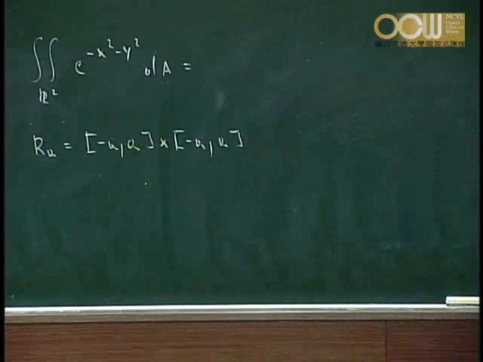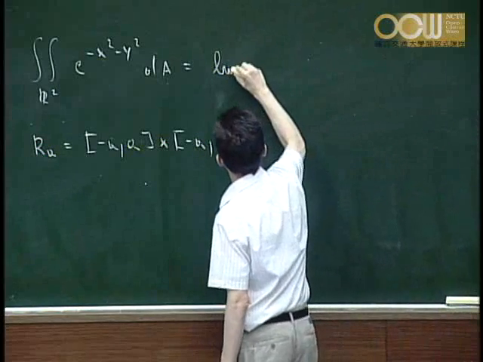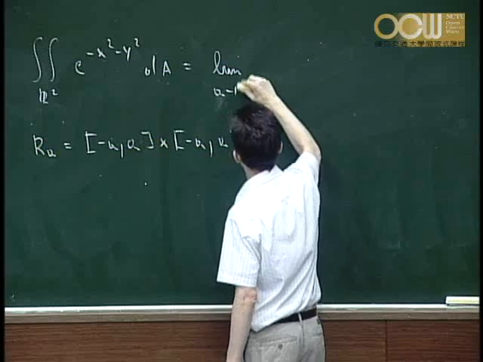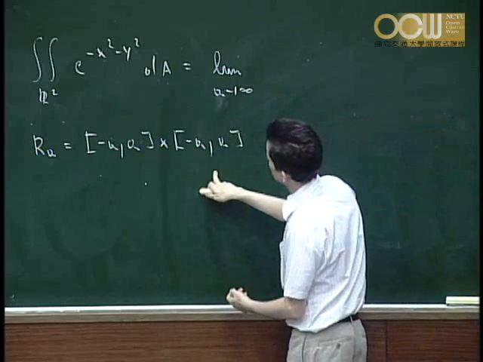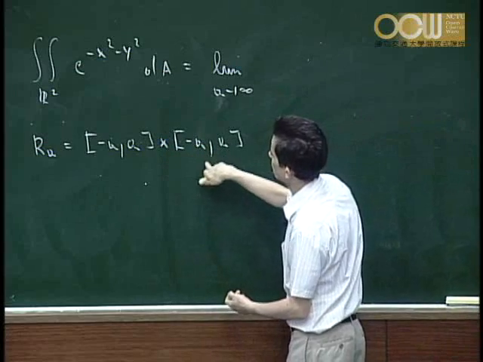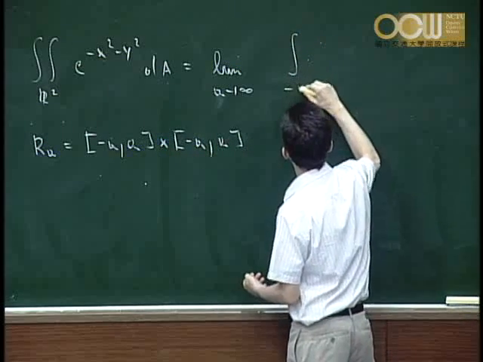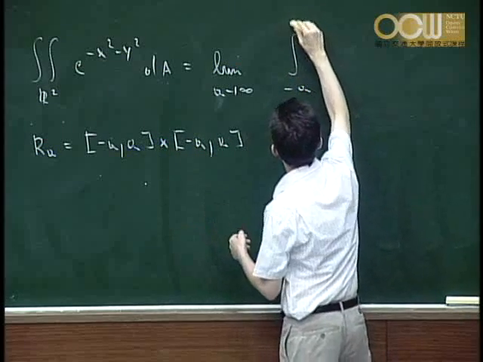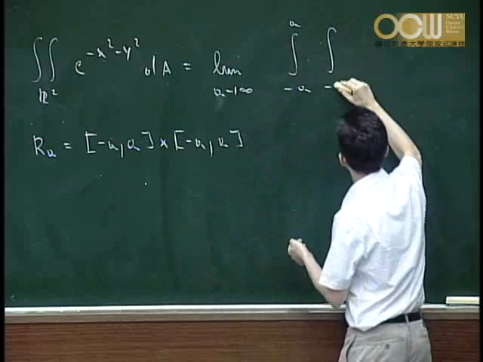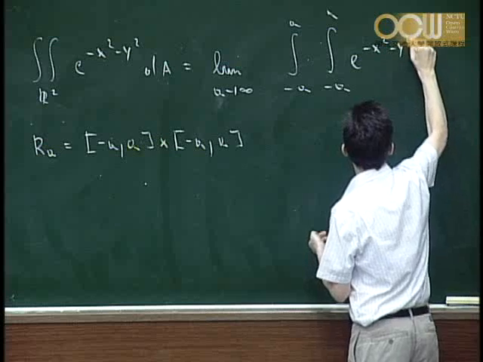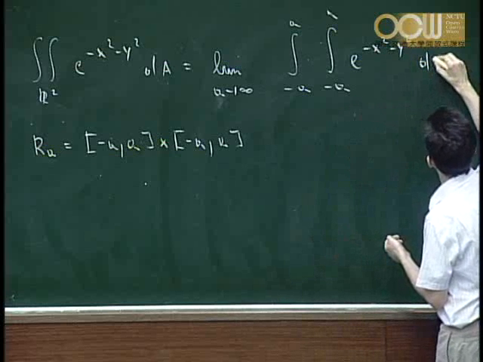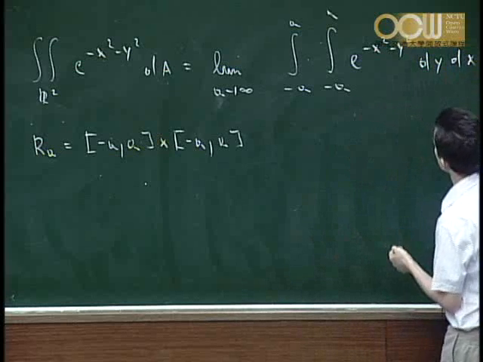You choose this rectangle, and you let a tend to infinity. Now we have to compute the double integral over this rectangle, but this is easy. So the integral from minus a to a, we go over x first, then we go over y, and then we have this function here, and then we have dy dx.